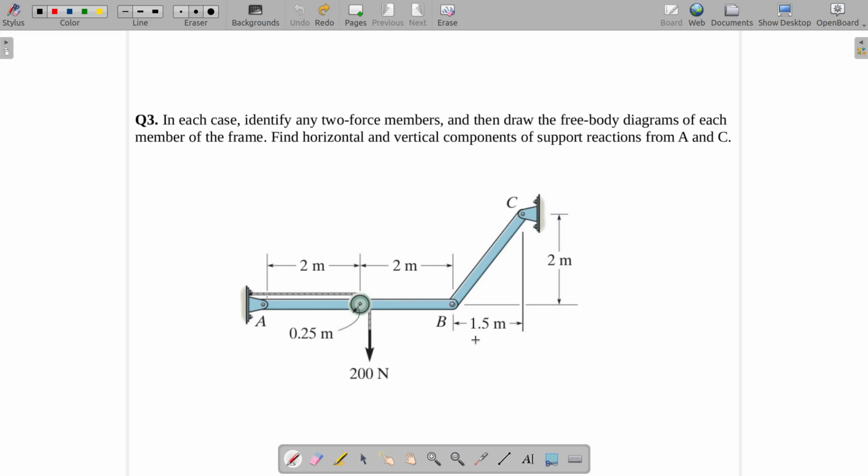Now let's go ahead and see how we can solve this problem here.